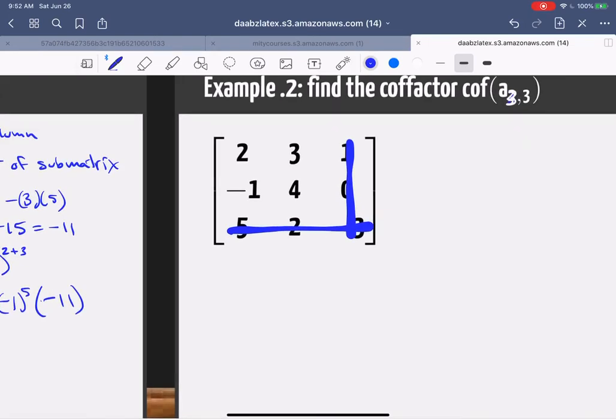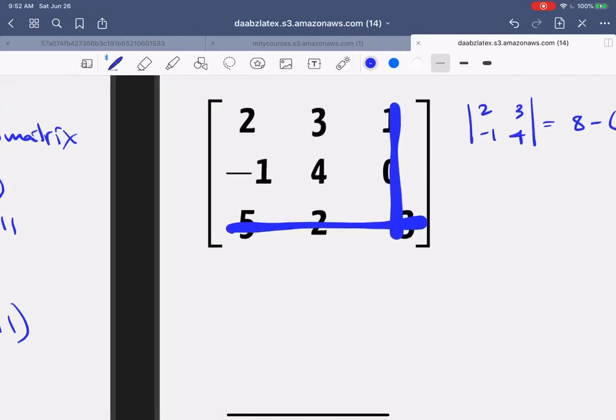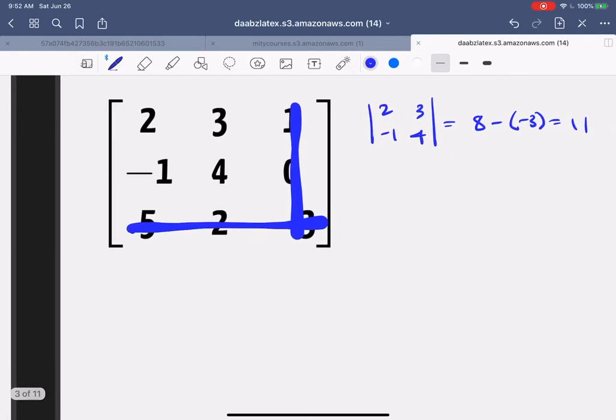So the second step here would be the determinant of 2, 3, -1, 4. That would be equal to 8 minus -3. That's 11. And then the third step here, multiply by -1. This is steps 1, 2, 3 already. -1 raised to the 3 plus 3.